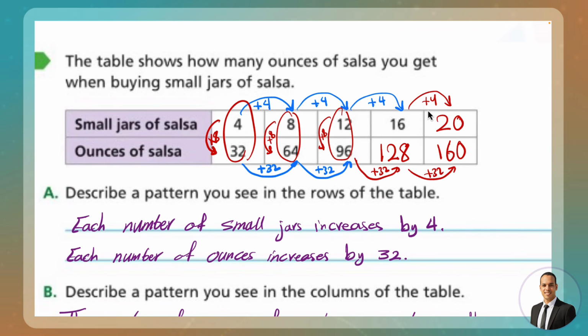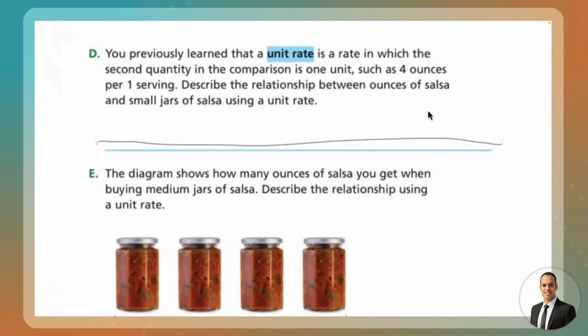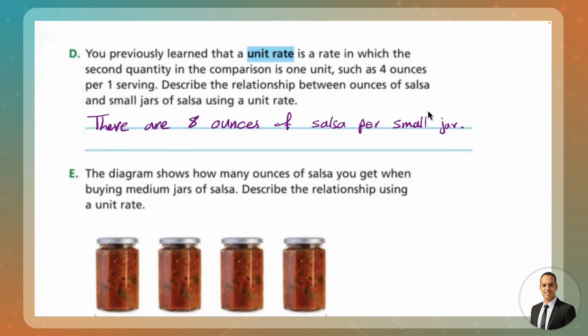So if 4 jars, for example, have 32 ounces of salsa, how many ounces in 1 jar? If you need it for 1 jar, you just divide 32 by 4. So 32 divided by 4 is 8. 64 divided by 8 is 8. 96 divided by 12 is 8. So in every small jar of salsa, we have 8 ounces of salsa. So there are 8 ounces of salsa per small jar.